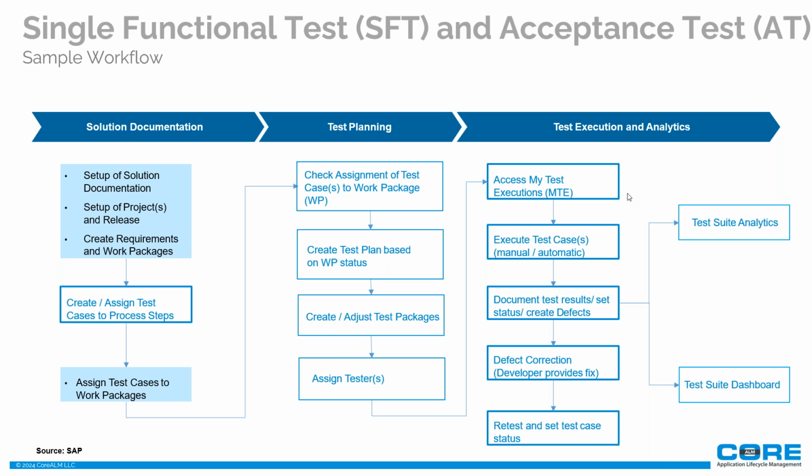To go more in detail, how does this work? So let's take a look at this and let it sink in a bit. As you see on the top, we have the solution documentation, we have the test plan and test execution and analysis. So we divide it into three parts. In the beginning, we go into solution documentation where we have our business process hierarchy. And our business process hierarchy is the place where we define where we're going to create the requirement.